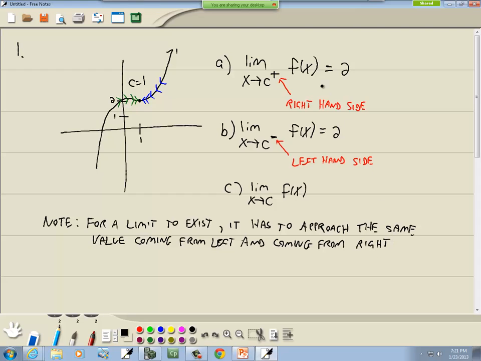Now if I look at this problem, coming from the right-hand side is going to 2, coming from the left-hand side, y values are going to 2, which means my limit is going to equal 2. So those are my answers.